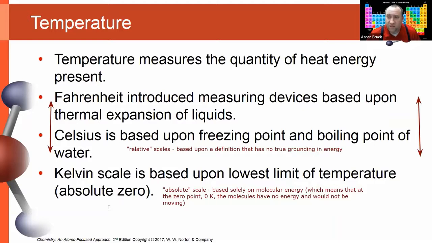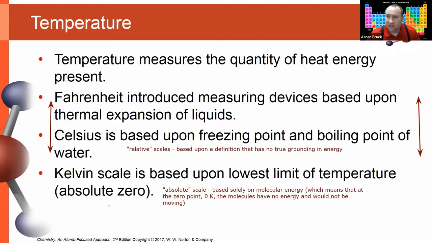When I see differences in value of temperature, that directly means that they are going to have differences in something noticeable and tangible in terms of their energy. 40 degrees Kelvin is twice as energetic as 20 degrees Kelvin. The molecules are literally moving twice as fast. They have twice as much energy.